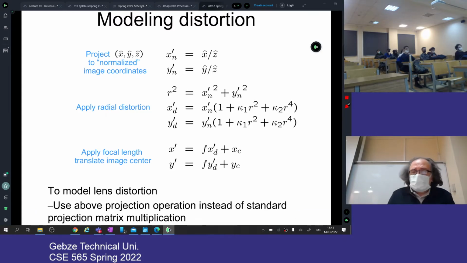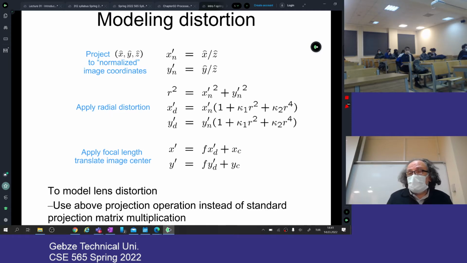And are these intrinsic parameters or extrinsic parameters? Distortion. Are these intrinsic or extrinsic? Intrinsic. They are intrinsic. Why? Because they don't depend on where my camera is in the real world, right? Extrinsic parameters are your translation vector and rotation vector.